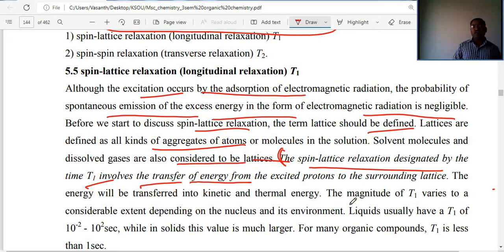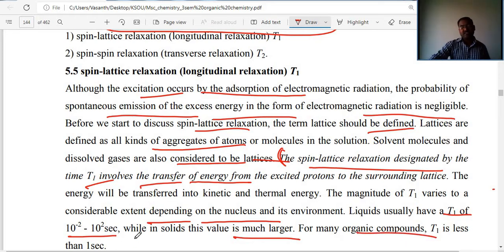The magnitude of T1 varies to a considerable extent depending on the nucleus and its environment. Liquids usually have T1 of 10 to the power of minus 2 to 10 to the power of minus 3 seconds, while in solids the value is much larger.